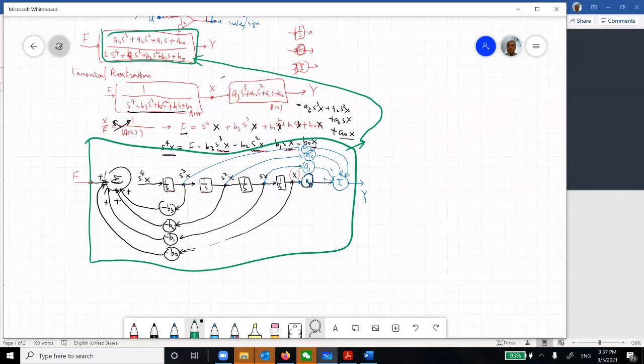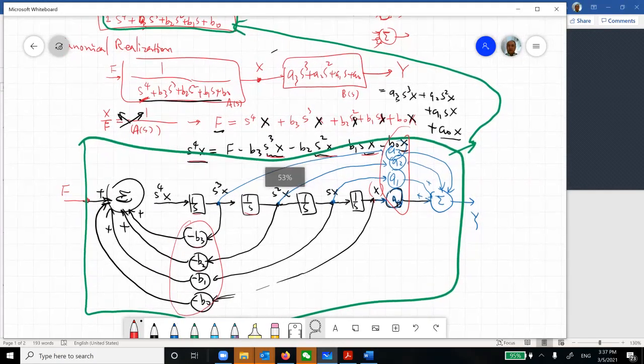Don't you guys see there are some rules you can observe? A polynomial you happening here, and B polynomial you happening here, and you have highest term in here s to the power 4. So that 4 actually is the number of integrators in here.